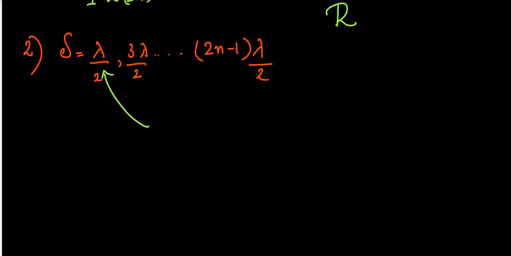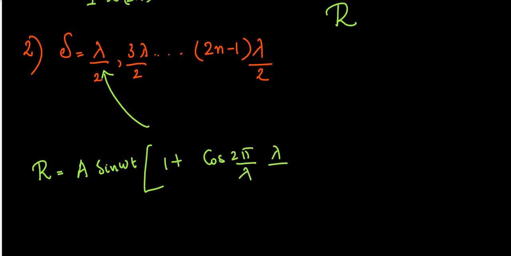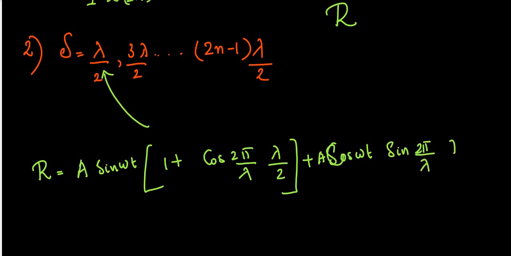So the resultant displacement R is equal to A sin omega t times (1 plus cos 2 pi by lambda into lambda by 2) plus A cos omega t sin 2 pi by lambda into lambda by 2. Here lambda cancels, and 2 cancels.